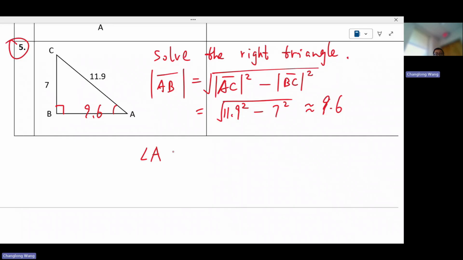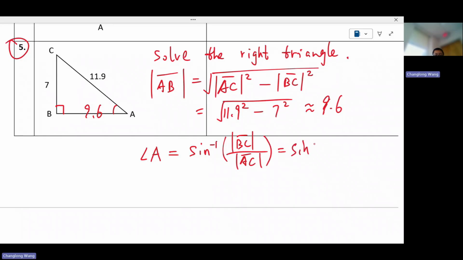Sine, okay, so I sense there will be inverse sine. Inverse sine takes the ratio of opposite over hypotenuse. So the opposite is BC, that's the opposite of angle A, and the hypotenuse is AC.